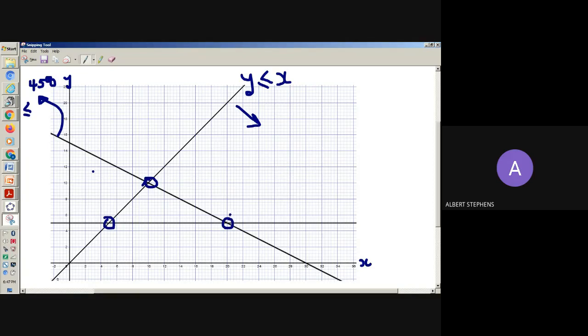Can someone tell me what this coordinate is? Five. What did you get? 20 and 5? 25?